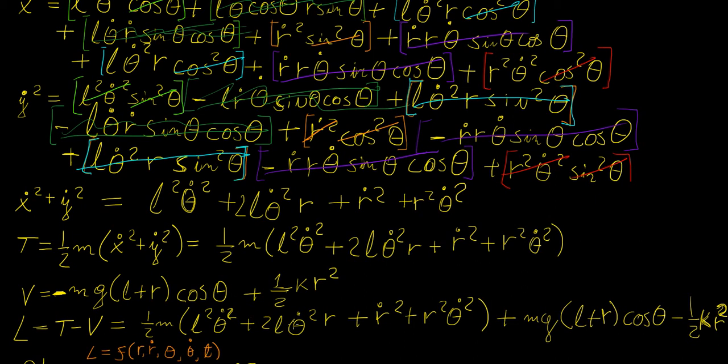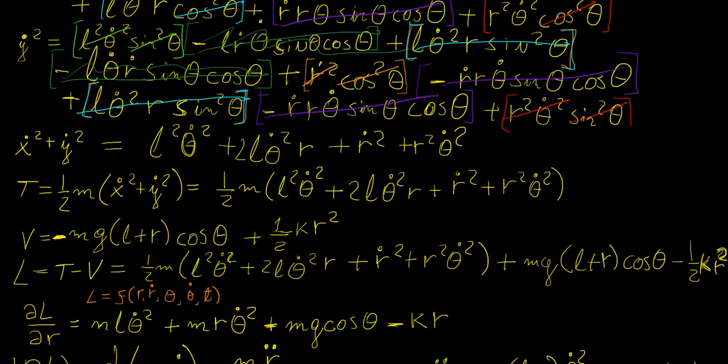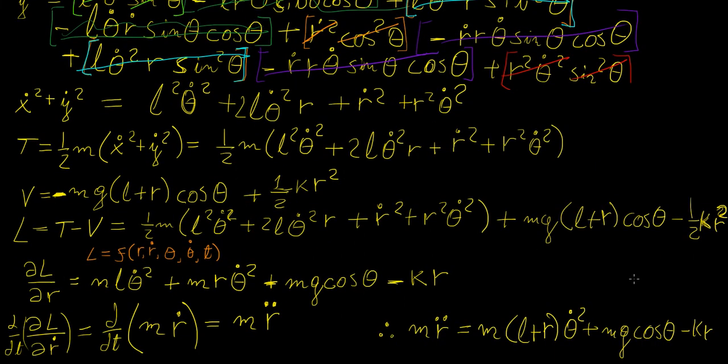We need 2 equations. The first Euler-Lagrange equation we're going to derive is based on the radial displacement. We take the whole Lagrangian and differentiate it with respect to the radial displacement. We need to isolate the terms that contain some r in them. For example, this term has an r; differentiate that, and it becomes just the constant attached to it.